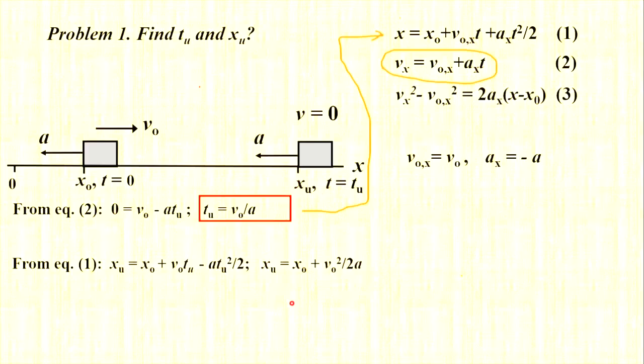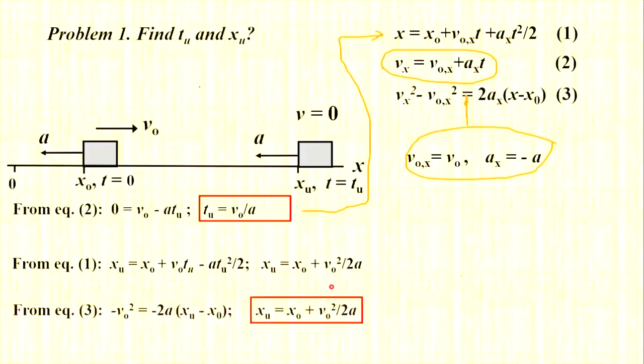We can double check this answer by using the initial condition and plugging them into the third equation, which doesn't contain time, and as a result we have the following answer, which of course coincides with the previous.